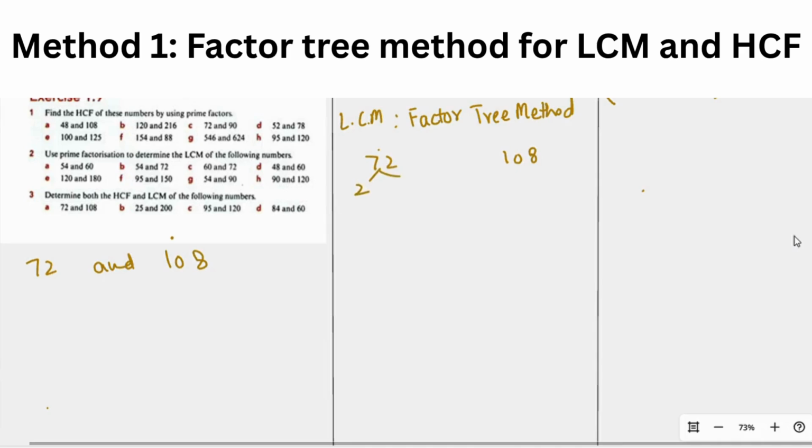I'll keep splitting all the composite numbers until it all becomes prime. 3 times 9, 27, and 3 times 3 is 9. Now I am going to list down all the prime factors in order to find the LCM.